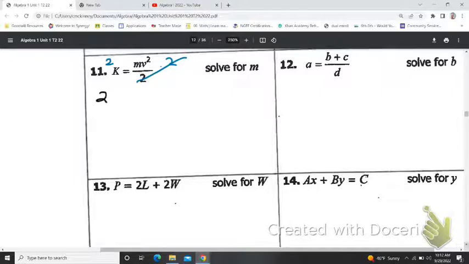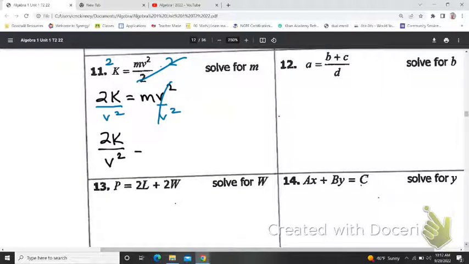On the left, I now have 2k. And since I want m by itself, I can divide by v to the second, v squared. I don't need to worry about square rooting or anything because the square wasn't on the m, it was on the v. So I can just move that whole thing as one piece. And then there's my answer.